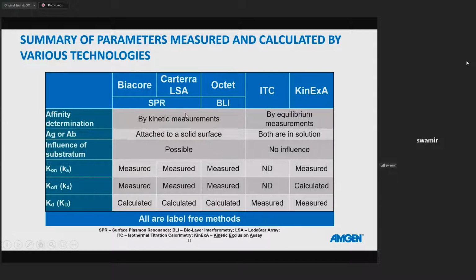Basically, in these kinetic measurements, we measure the on rate and off rate, or K on and K off, and the KD is calculated. Whereas in solution equilibrium measurements like KinExA, both are in solution, with no influence of the substratum, and we measure the KD and on rate. Off rate can be calculated from the measured KD and on rate.